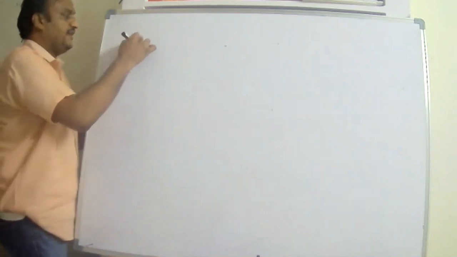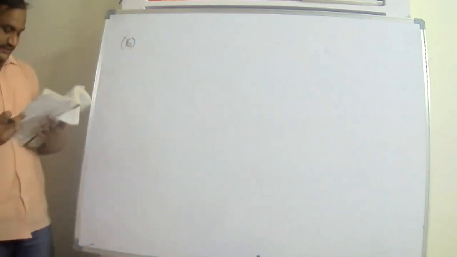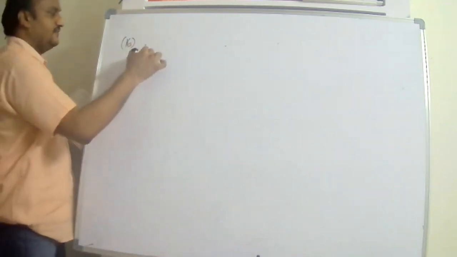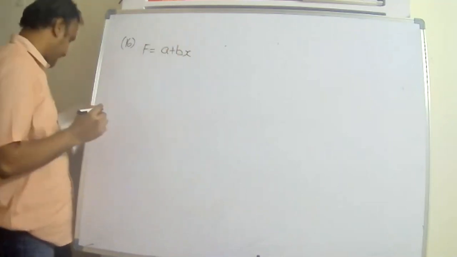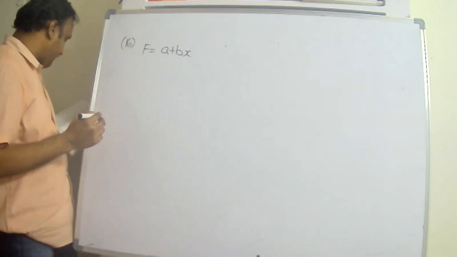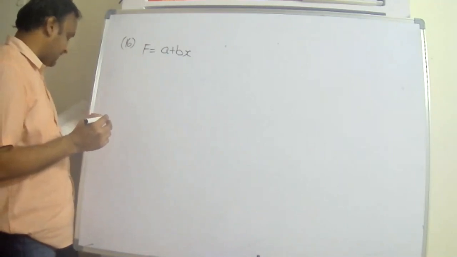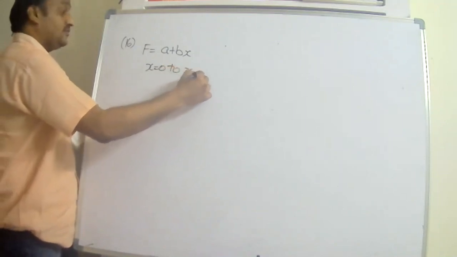Next, work done by variable force. A force F is equal to a plus bx acts on a particle in the x direction, where a and b are constants. Find the work done by this force during the displacement from x equal to 0 to x equal to d.